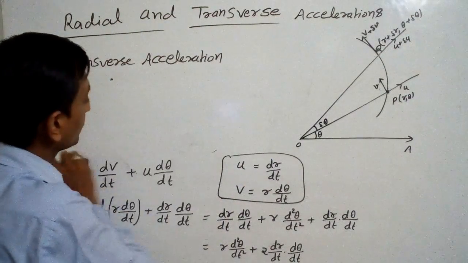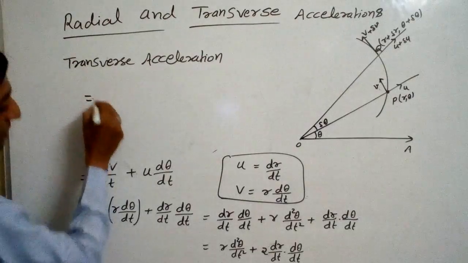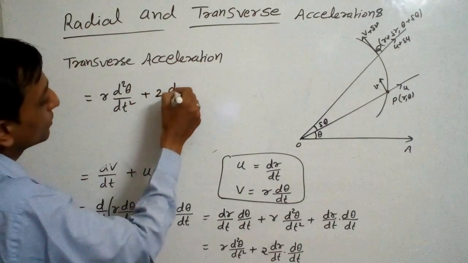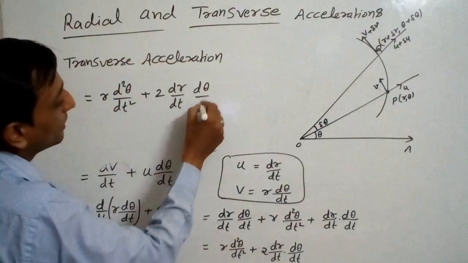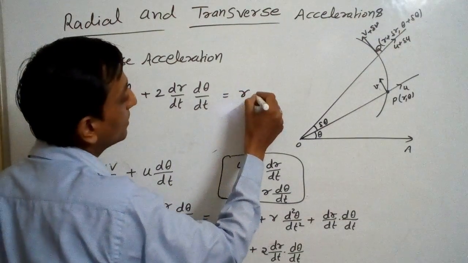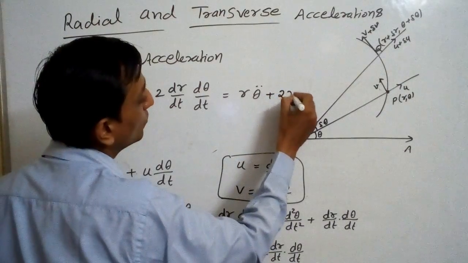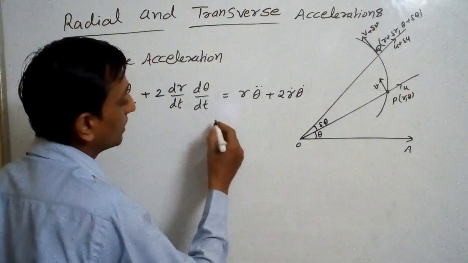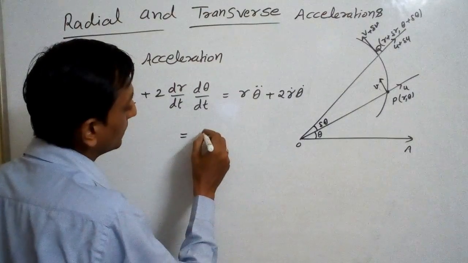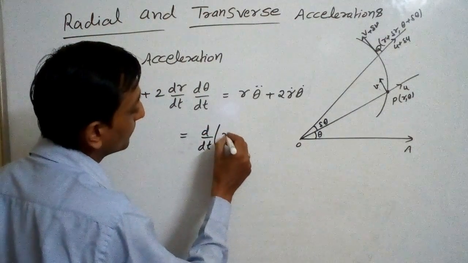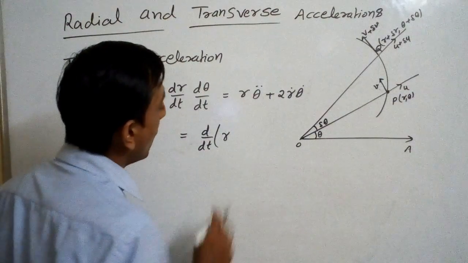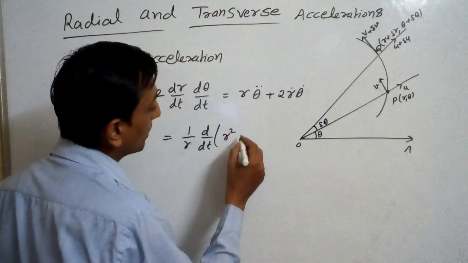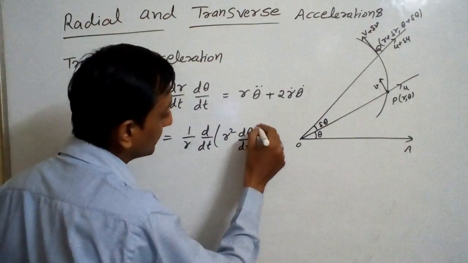What is the other form? The transverse acceleration is r d2 theta/dt square plus 2 dr/dt d theta/dt. In short we can write r theta double dot plus 2 r dot theta dot, and we can also write this as 1 over r d/dt of (r square d theta/dt).